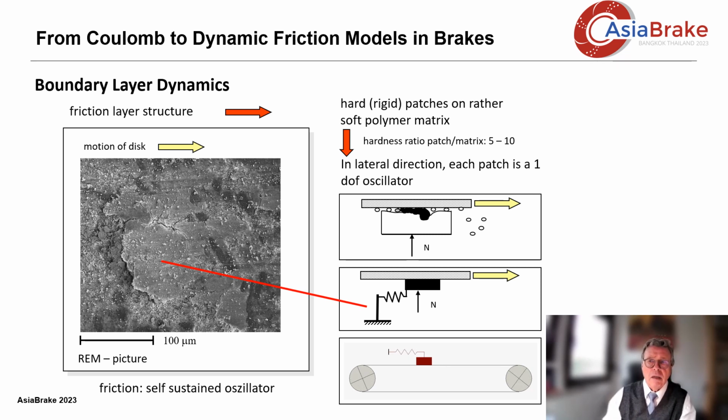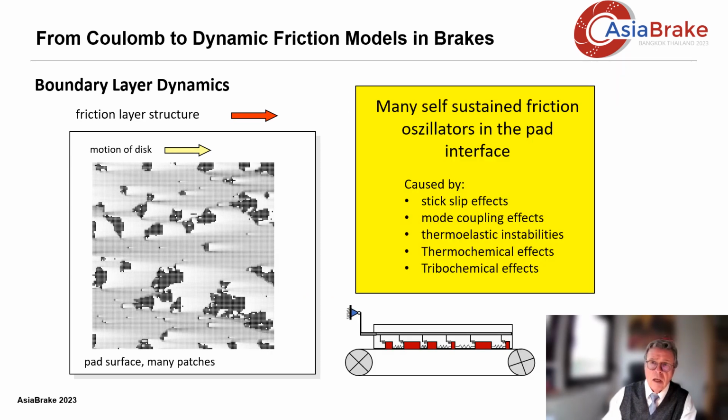It can be regarded as a single mass oscillator. Of course, there are many patches on the surface and correspondingly many oscillators which can perform self-excited oscillations during the frictional contact. These mechanisms are stick-slip effects, mode coupling effects, thermoelastic instabilities, and even thermochemical effects.